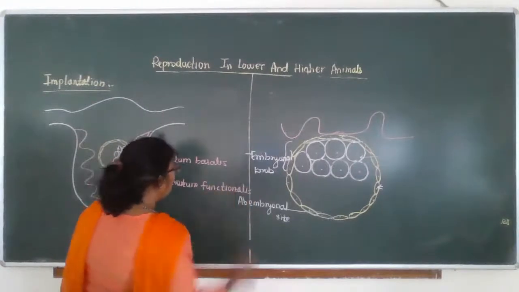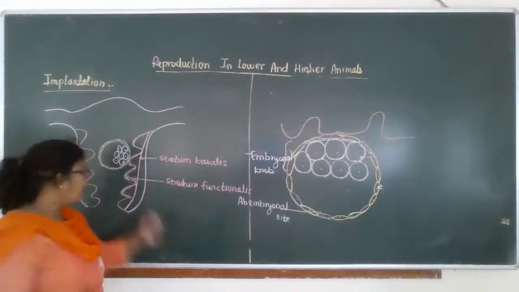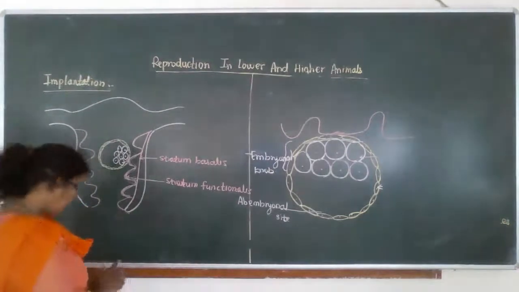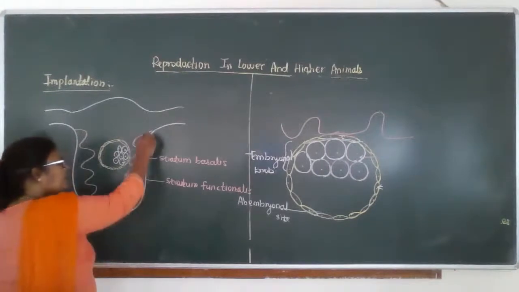These are the two layers from which the endometrium gets formed. And just below the endometrium, there is the muscle layer, the myometrium.